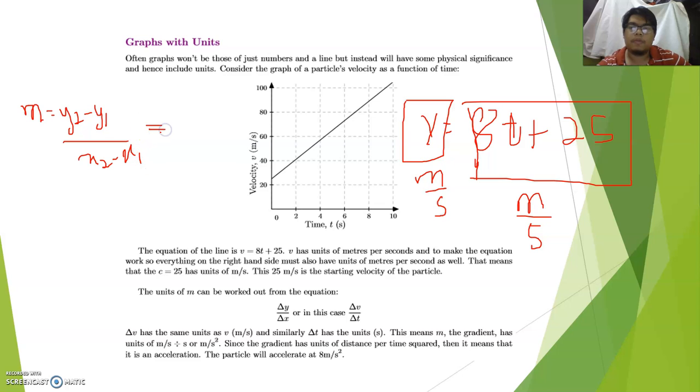So if we look at the dimension of y, this is meter per second, while the dimension of s is time, which is given in seconds.